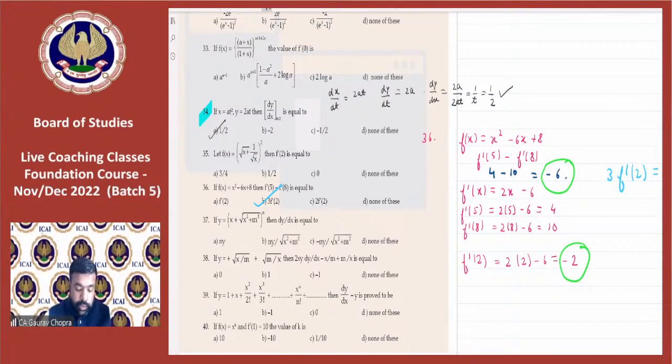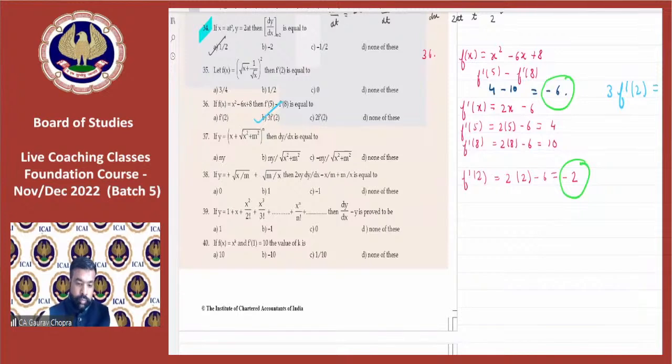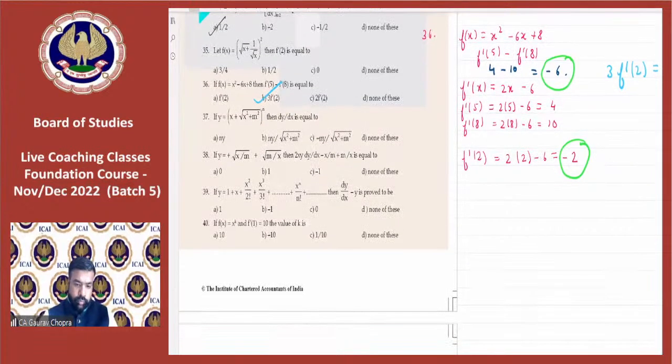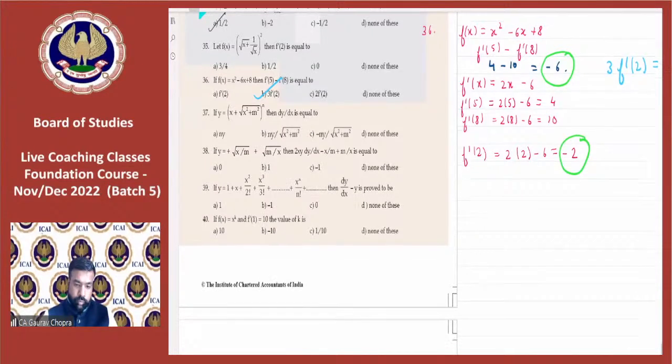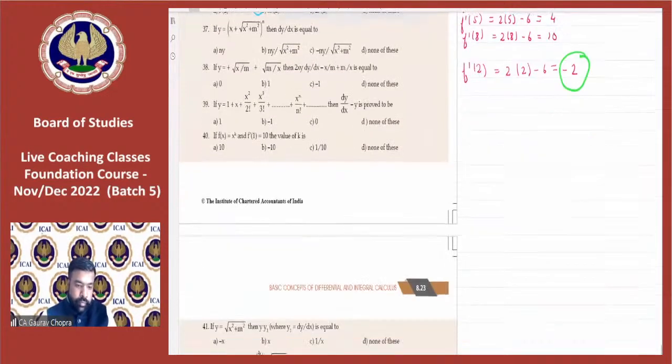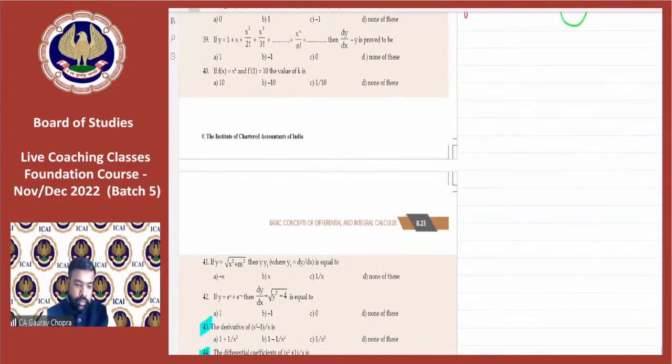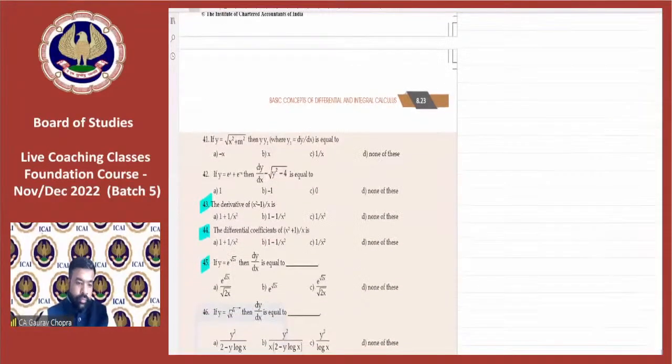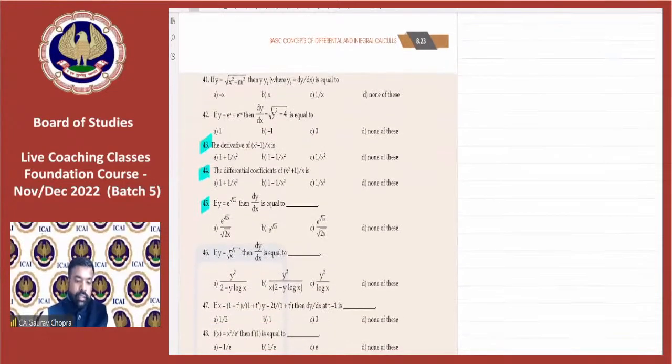Now let's see the next question. Then 14.6.